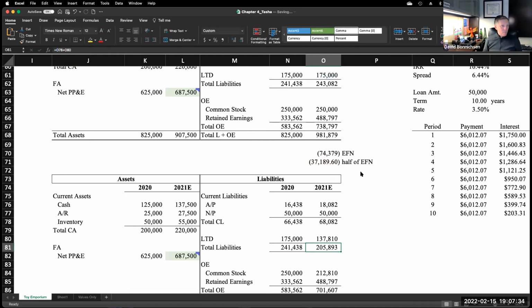I get the same number, but now everything flows without me having to remember that I hard coded long-term debt. Same thing with common stock. I should have just linked back to half of the EFN. Does that make sense, Megan? Yes, thank you.